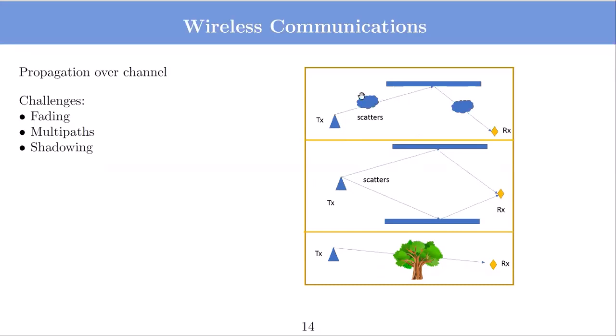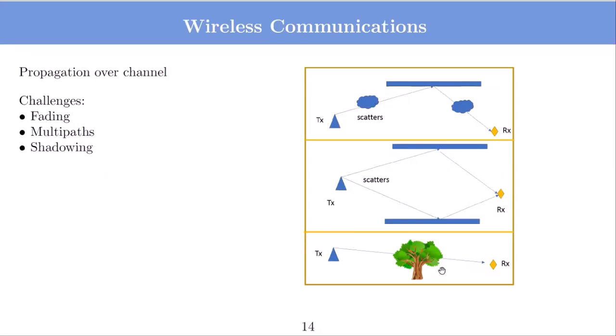Based on the location of these scatterers and reflectors and the relative position of the transmitter and receiver, sometimes you may get constructive interference from multipath, sometimes destructive interference. So fading can sometimes give you a good signal strength and sometimes a very low signal. This fading is random and it changes very fast over time.